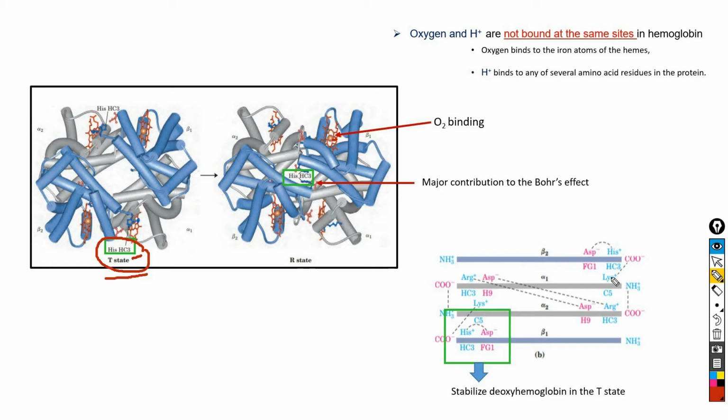Moreover, protonation of the amino terminal residues of the alpha subunits and perhaps other groups has a similar effect. So in conclusion, the four polypeptide chains of hemoglobin communicate with each other not only about oxygen binding to their heme group but also about proton binding to specific amino acid residues.